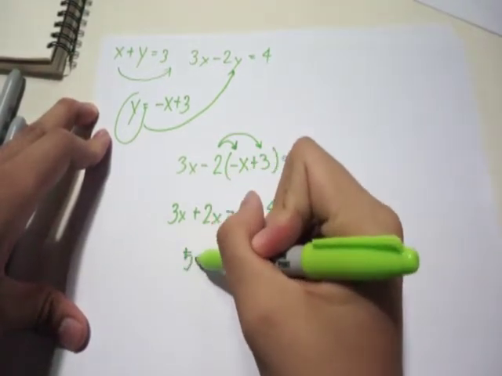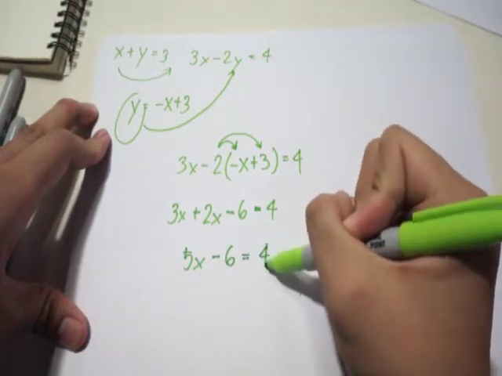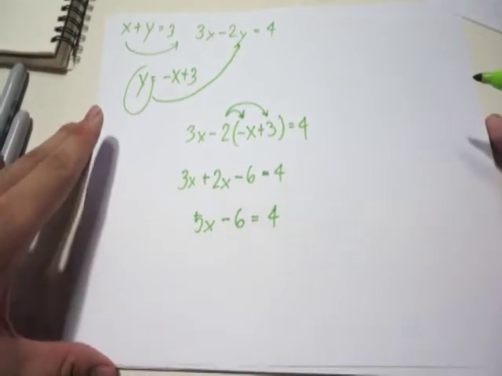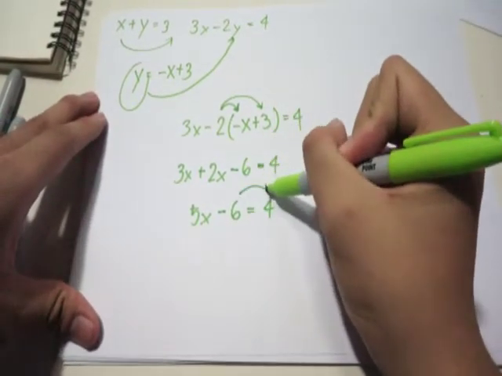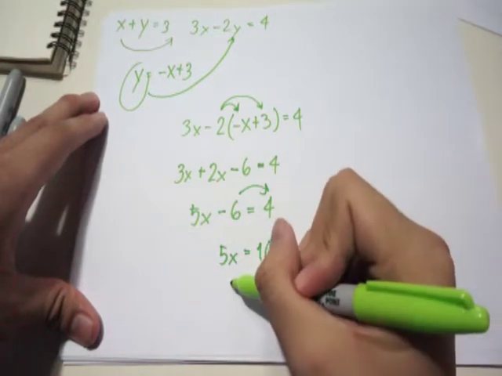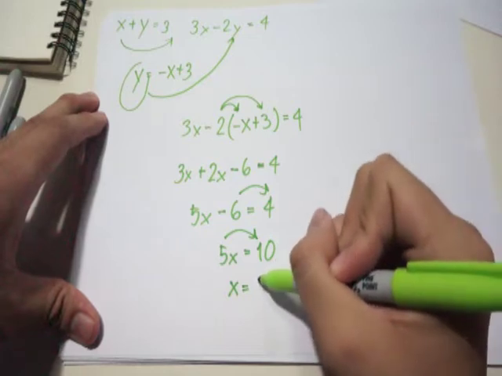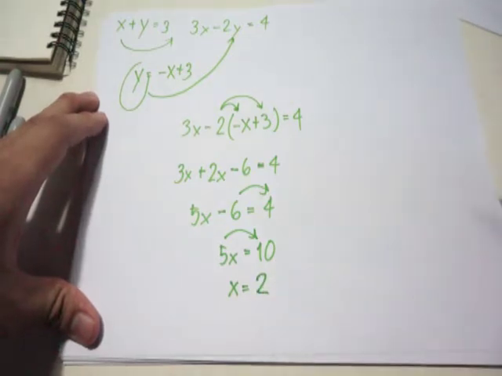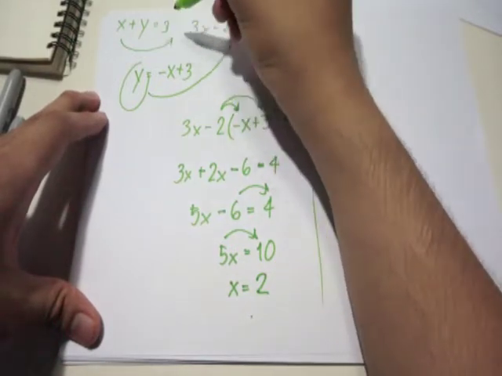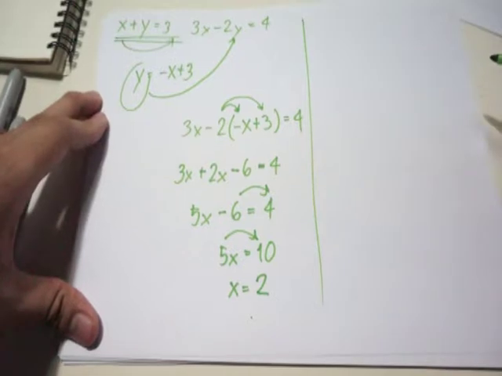It will be 5x minus 6 equals 4. And when we have this, we'll move this 6 to this side. 5x equals 10, and then dividing 10 by 5, we have x equals 2. Now we're gonna plug 2 into either of these equations, but I'm gonna plug it into this one because it's easier.